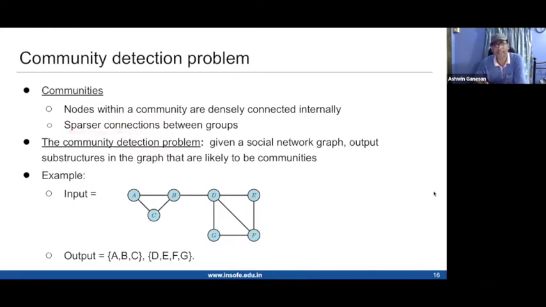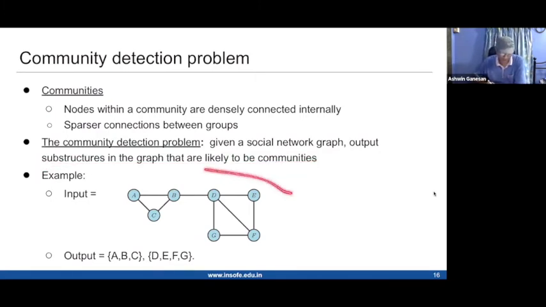So you don't see as many edges between communities as you do within a community. The community detection problem is the following: given a social network graph, output the substructures in the graph that are likely to be communities. Let's look at an example.